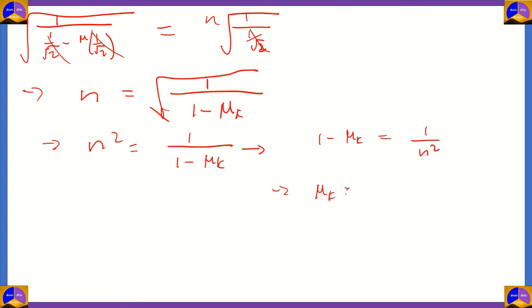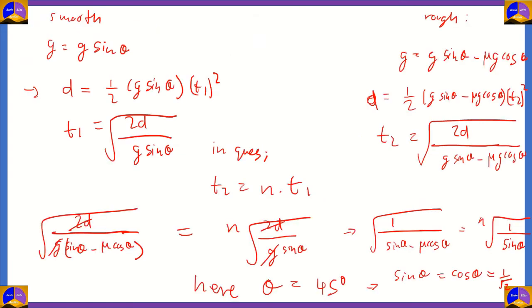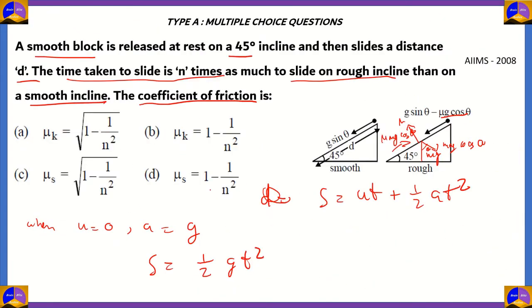Or you can write mu k is equal to 1 minus 1 by n squared. So 1 minus 1 by n squared, if you look at our question, is the same as option B. So therefore option B is the correct option.